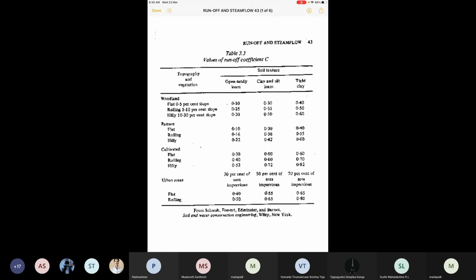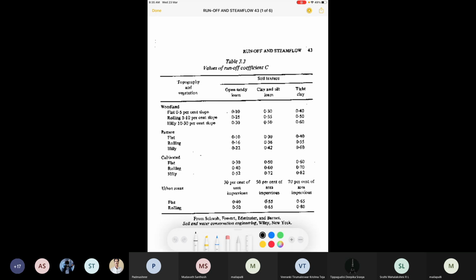Look at this: the table of the value of runoff coefficient C for different soil textures, and also the topography and vegetation.